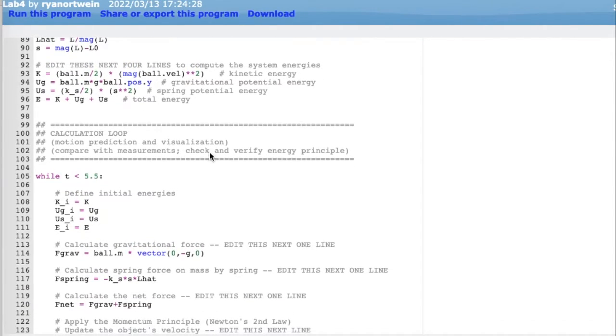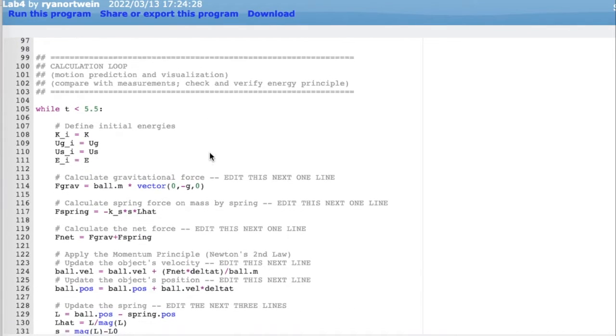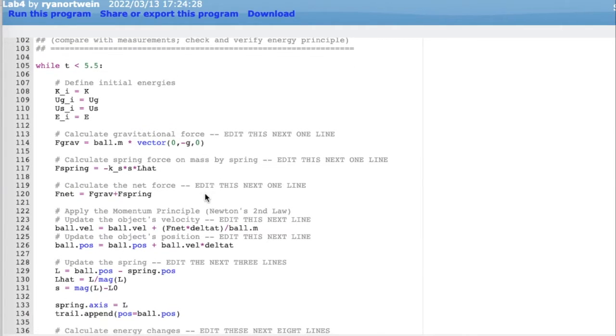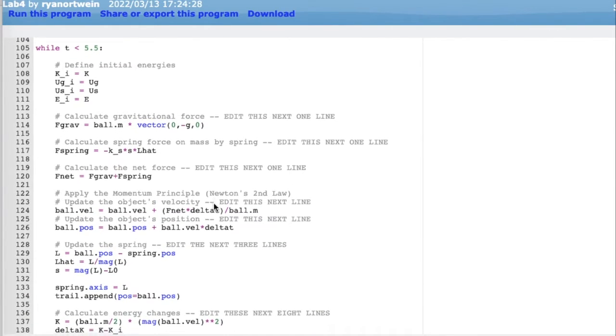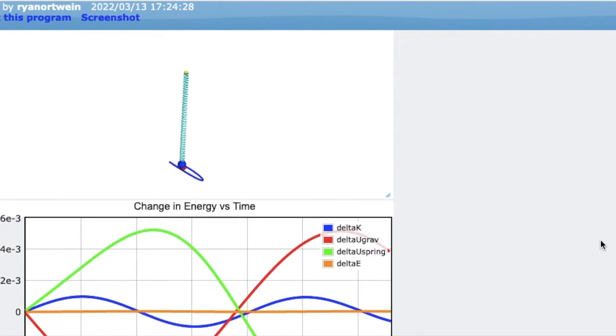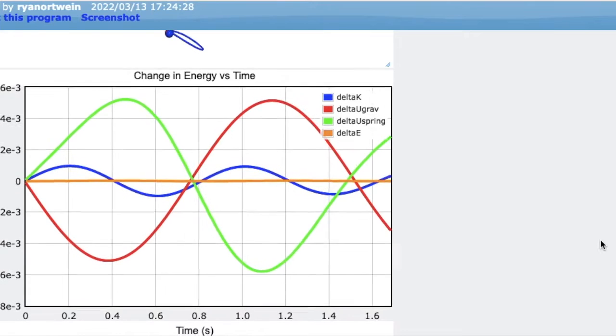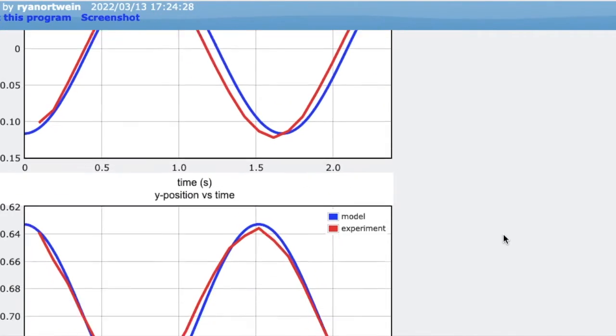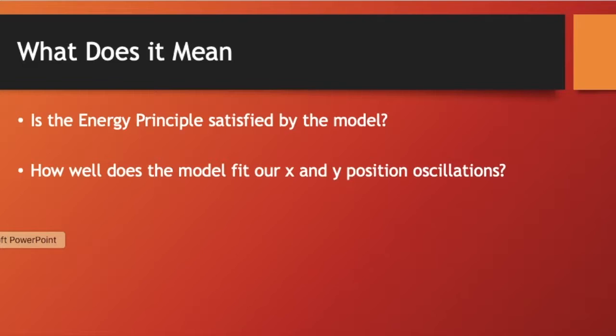Finally, we have a loop to calculate the predicted forces as well as the updated position and velocity of the system. And as we see, the model predicts the motion of the ball pretty accurately as we've observed it in the video.